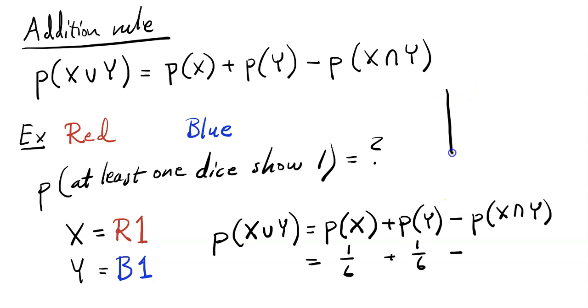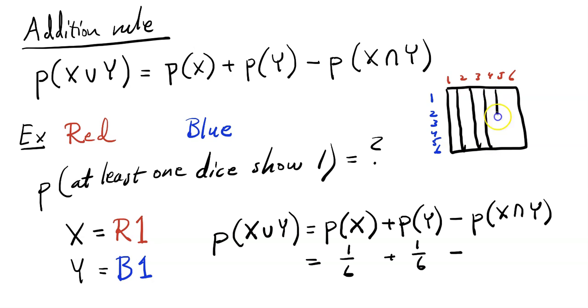Okay, if we throw 2 dice, then the blue die could show 1, 2, 3, 4, 5, 6. And also the red die could show 1, 2, 3, 4, 5, or 6. Then we can make this table here.